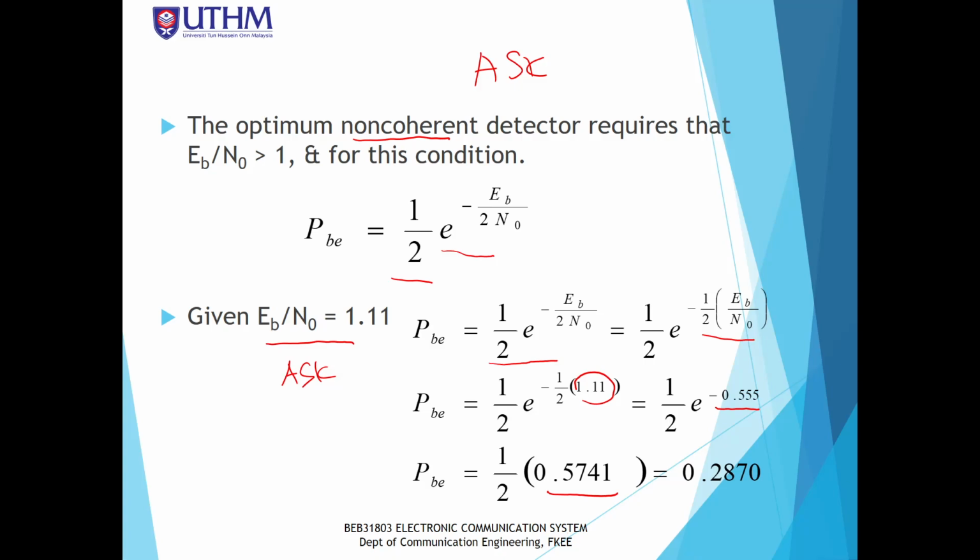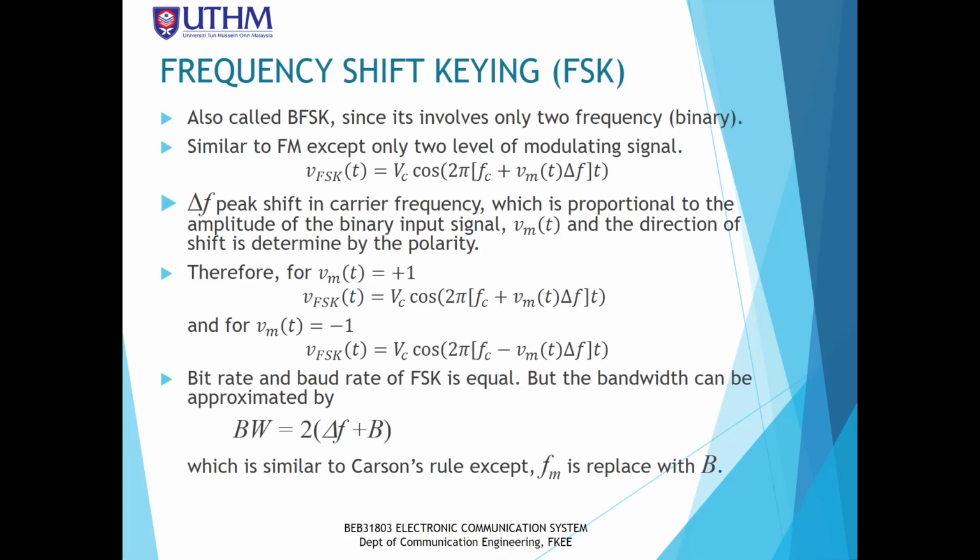For my calculator, E is equal to shift ln. And then after you get this using your calculator, multiplied with 1 over 2, so you will get 0.2870. So this is the probability of bit error for ASK using non-coherent detection.